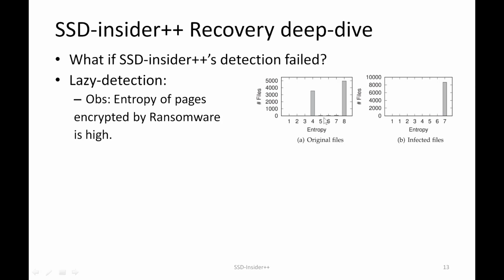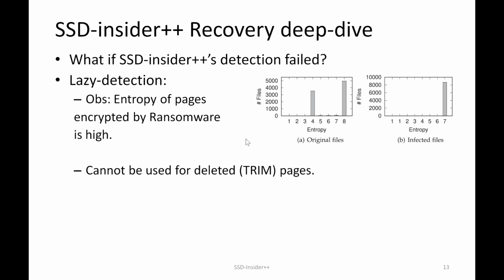Earlier, at least some of the files had low entropy. So this abrupt change in entropy can potentially be the result of a ransomware attack, right?